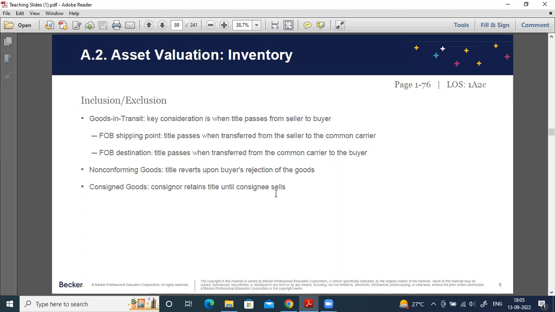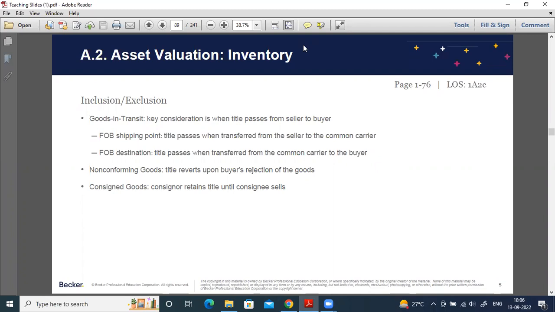So Patanjali will be selling the goods to that particular agent, and the agent will be selling the goods. So in that particular case, when the sales are finally done by the agent, technically the agent is known as the consignee. Now in the given example also, the consignor is nothing but Patanjali company, and the agent in Australia is considered as the consignee. So in case of consignment, the title is retained until the consignee sells.